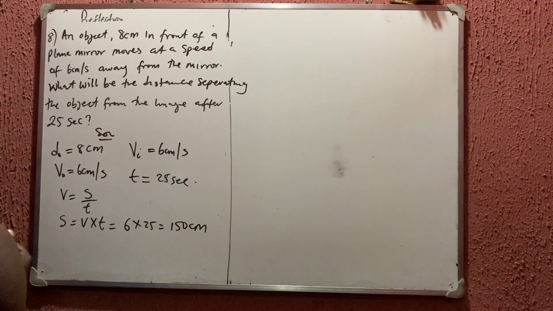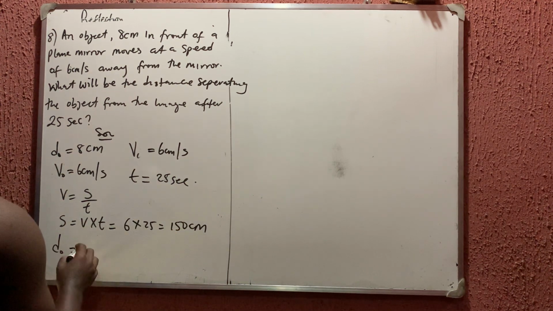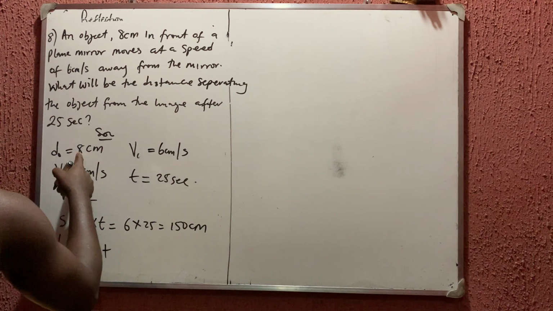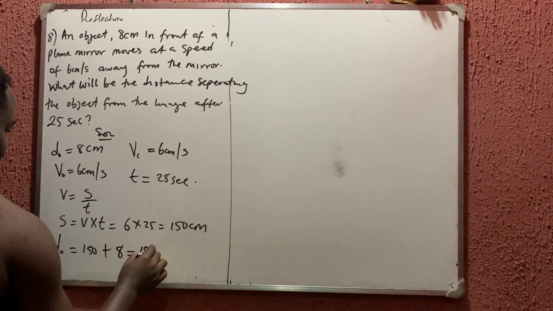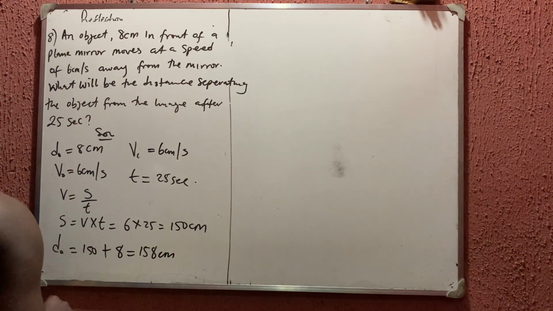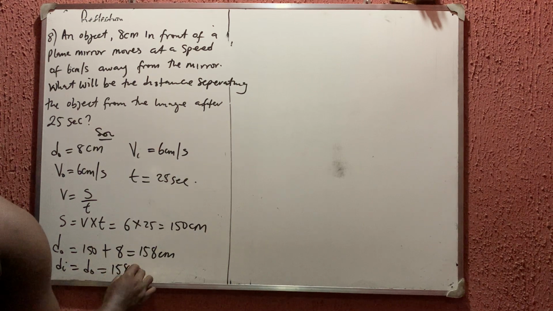Now, the distance of that object is this 150 plus the initial distance when it started moving, this 8, which will give you 158 cm. And don't forget that your image distance is equal to your object distance, so this is still 158 cm.